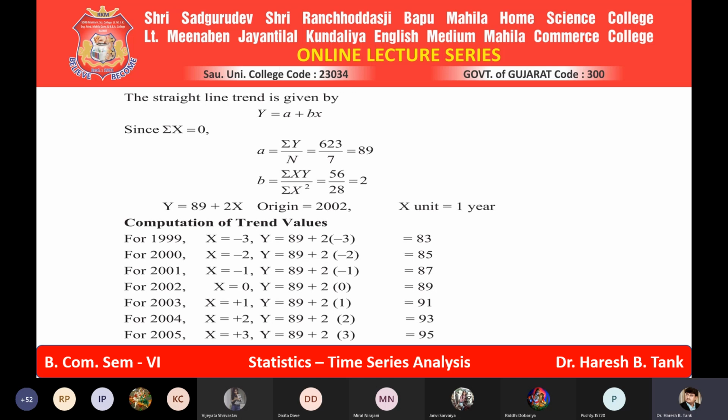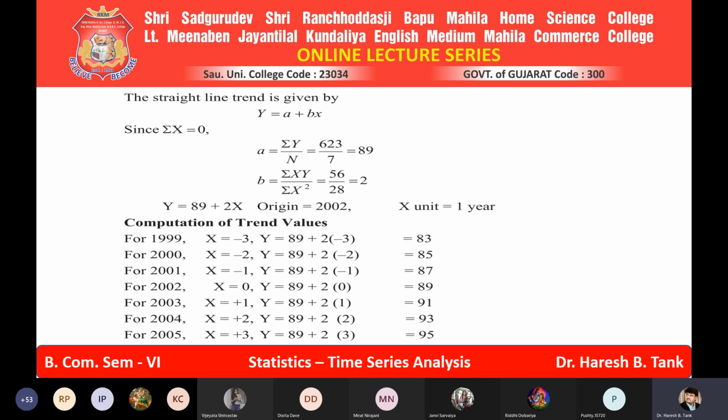Now we are shifting to the new level. Till now, we have come across different methods. Last week we saw the method of least squares. Do you have any question related to this method?